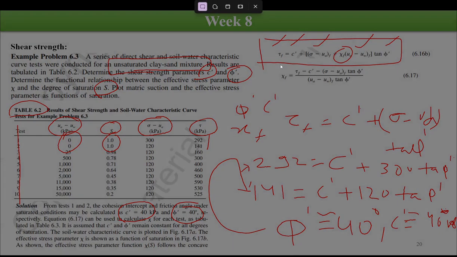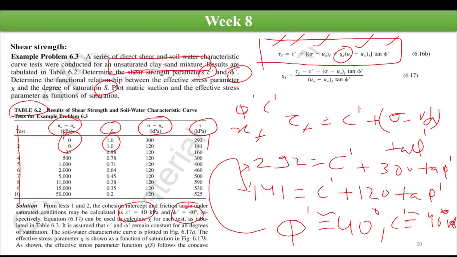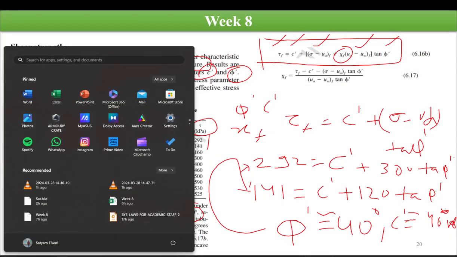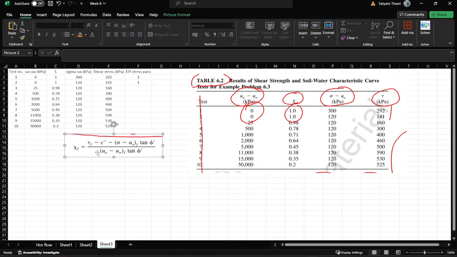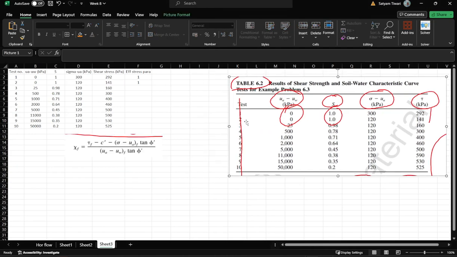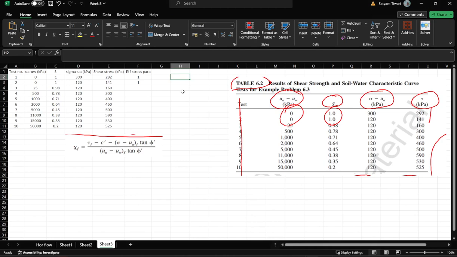If we just print screen this one and we type it here. So before that, what we have calculated, the c dash and the phi dash, we will write here. So both were approximately 40 we have taken. c dash is in kPa.